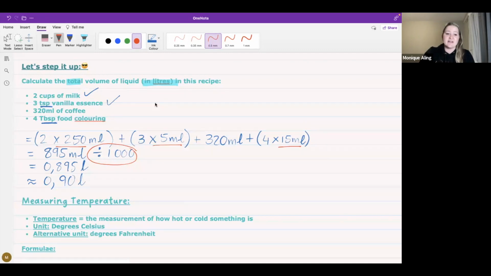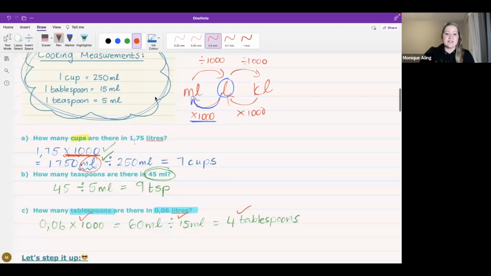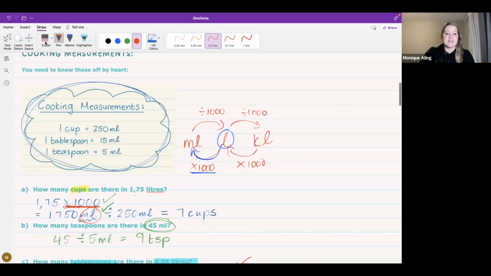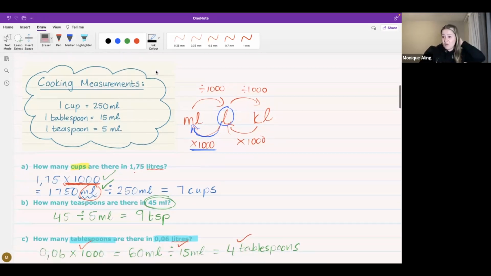Let's quickly go to the formulas and conversions. One last chance for a screenshot. But trust me, the more conversions you do, the easier knowing them will become.